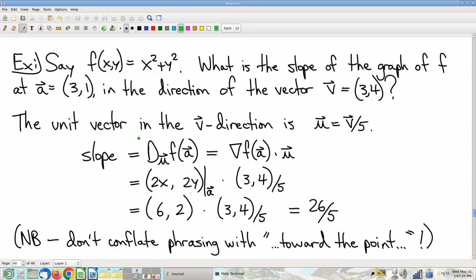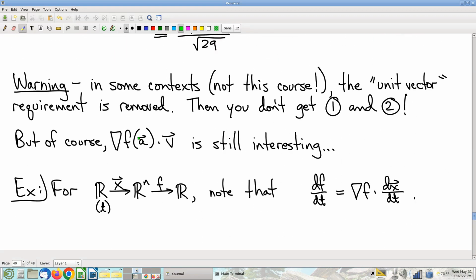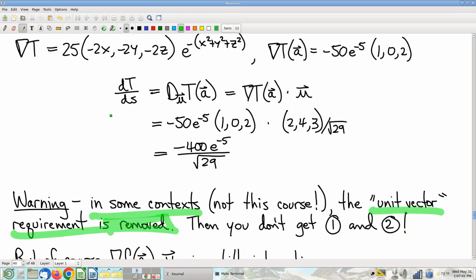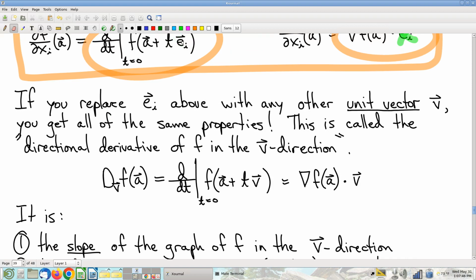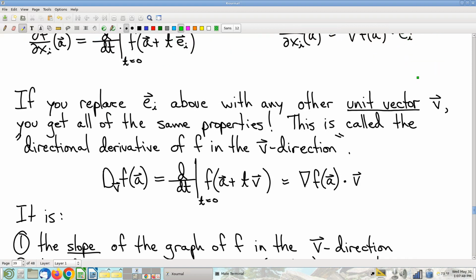So here's what it is. In some contexts, this whole business about it having to be a unit vector, some people take that requirement away. Some people will look at this definition here and say, okay, let's just replace e_i with any other vector. Doesn't have to be a unit vector.